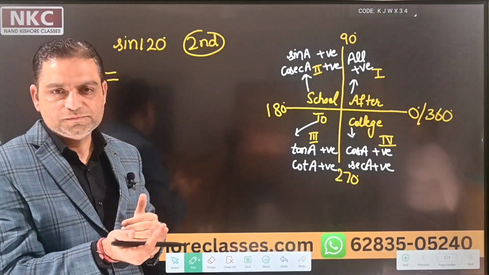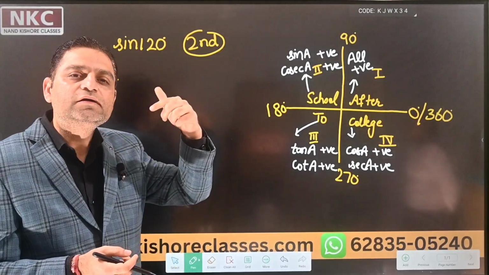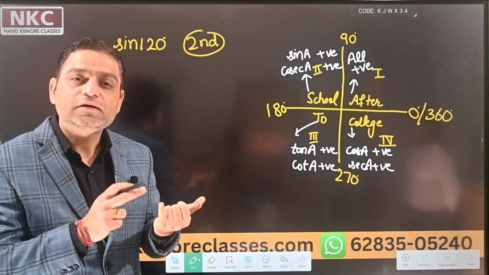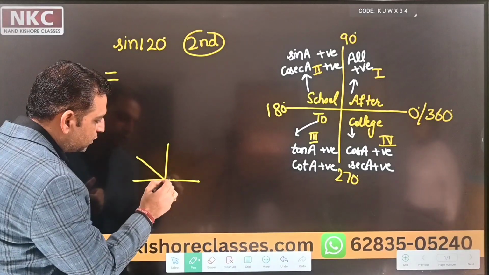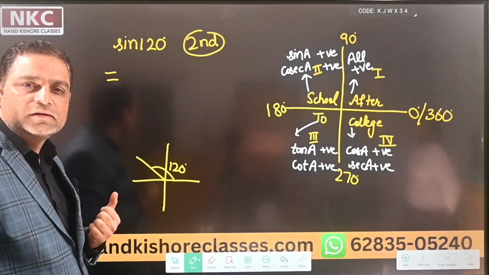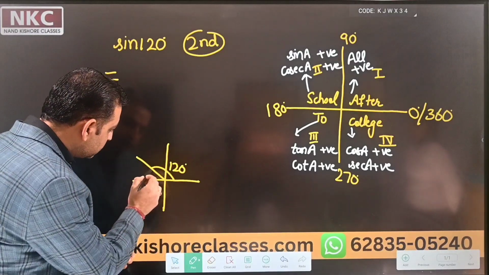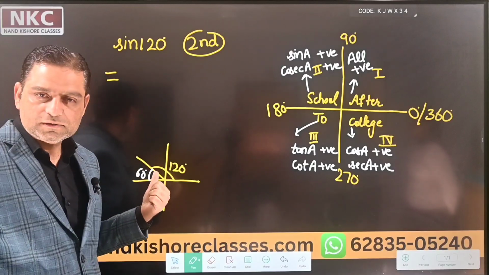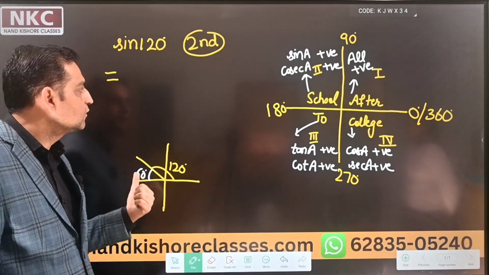So it is finalized that my answer will be positive. Then what to do? For the 120 degree angle, we need to find the reference angle now. Reference angle is the angle closer to the x-axis. That means from this side, my reference angle is 60 degree only. For 120 degree, my reference angle is 60.